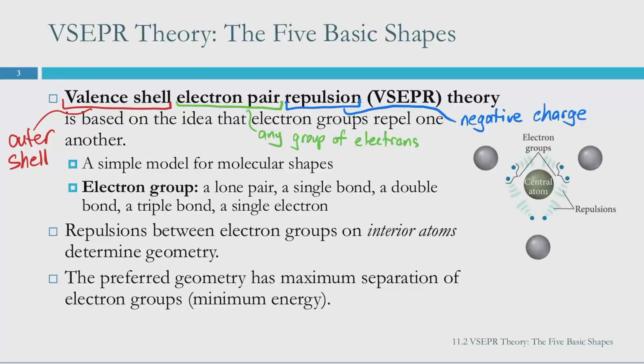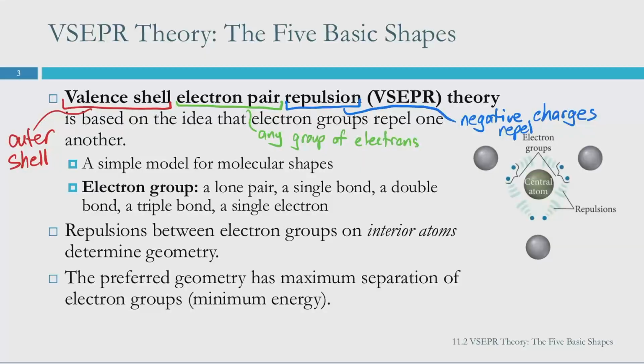And because those are negatively charged, they will repel each other. That's all that we're saying with valence shell electron pair repulsion theory. Now, it's a little bit more complicated than that when we get into the details, but that's the basic idea. All electron groups repel each other.